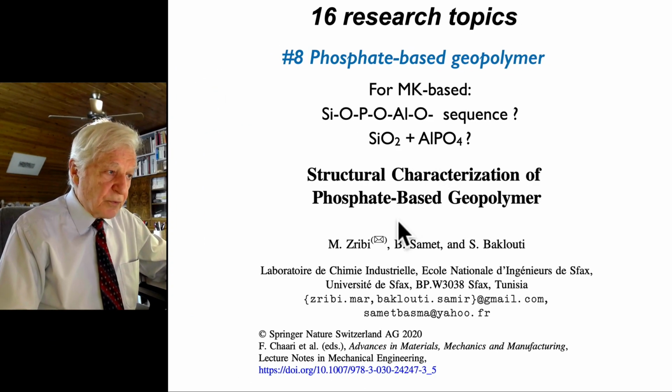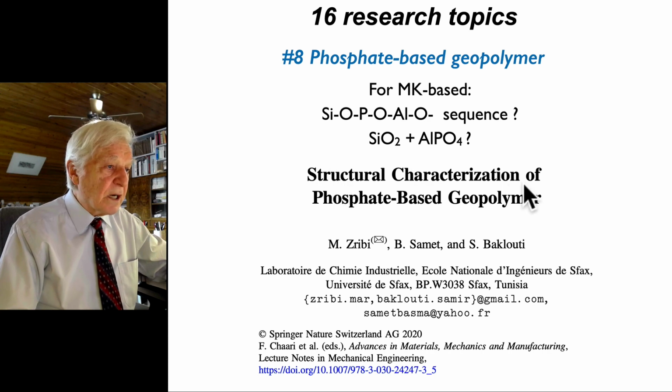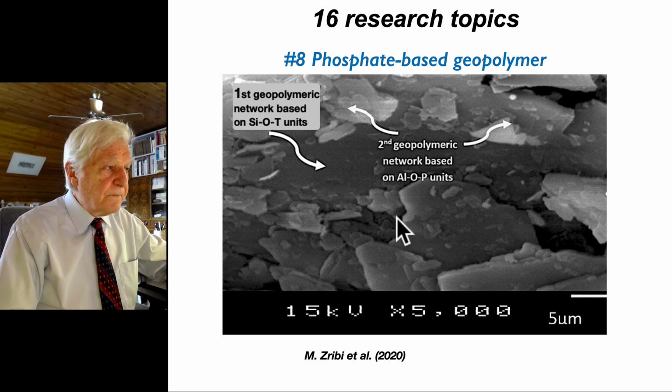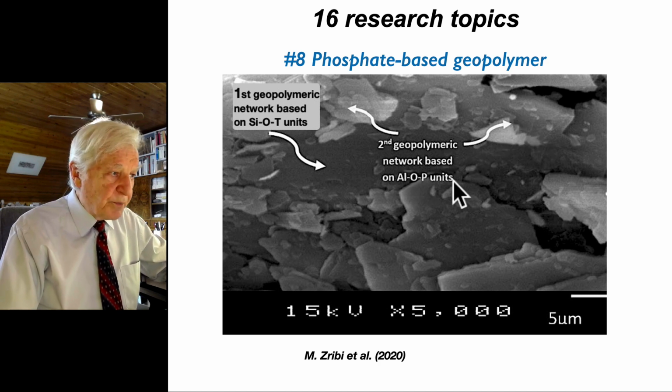Well, the answer has been provided last year by a group from the École Nationale d'Ingénieurs de Sfax, University of Sfax in Tunisia, in a structural characterization of phosphate-based geopolymer. And then under SEM, they discovered that we effectively have two geopolymeric networks: one based on SiO2 units, and the second based on AlOP units.